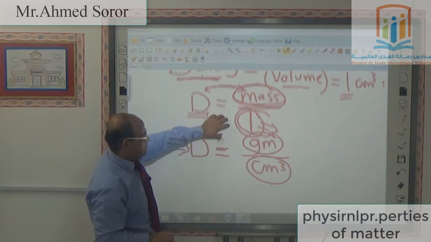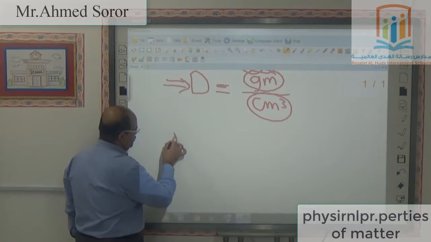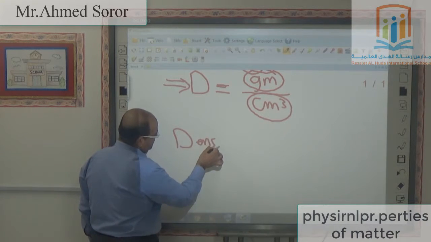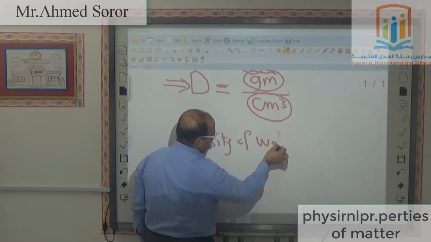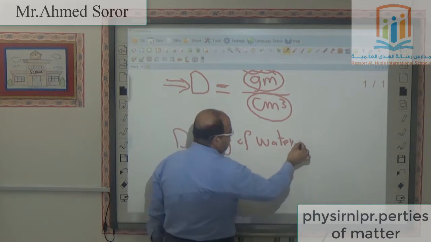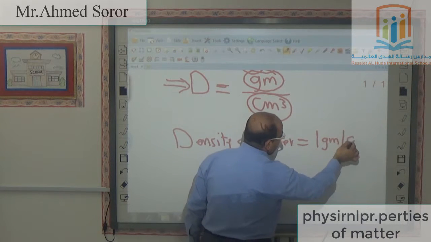You should know that the density of water equals 1 gram per cubic centimeter.